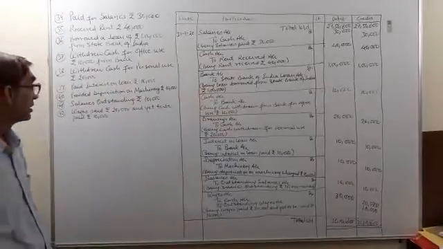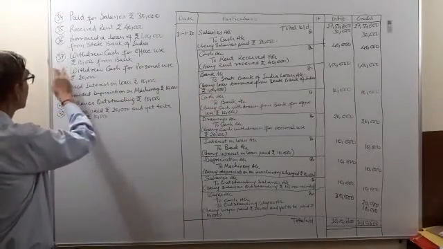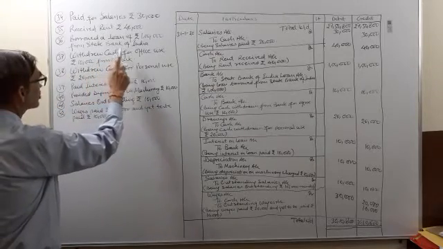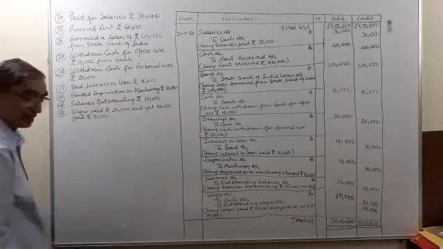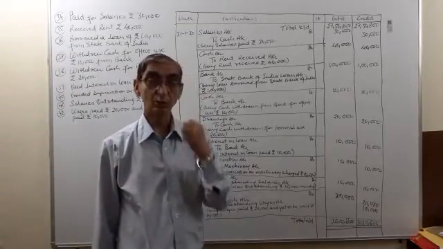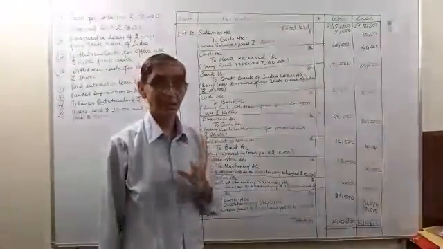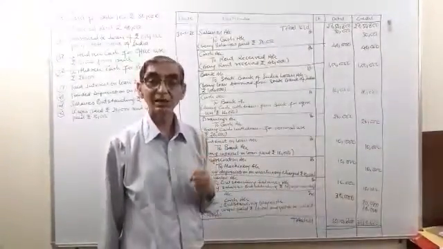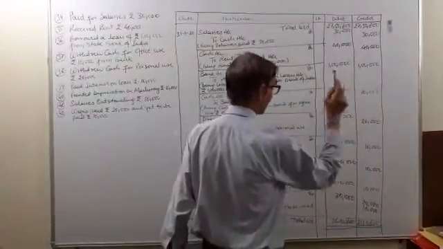It's clear? Now transaction number 37. Withdrew cash for office use, rupees 10,000 from bank. We have withdrawn cash from bank for office use. What is coming in? Cash is coming. Cash account will be debited rupees 10,000.